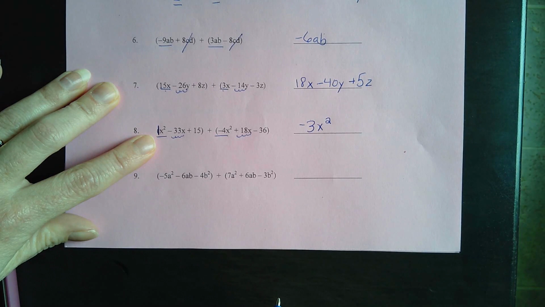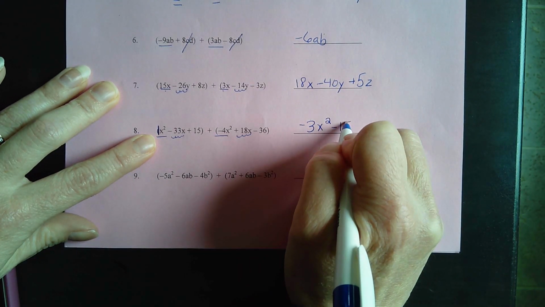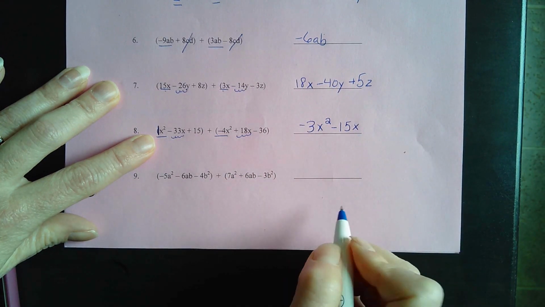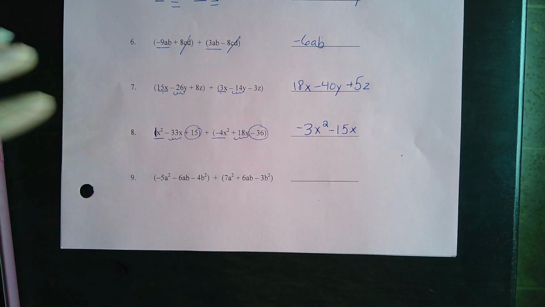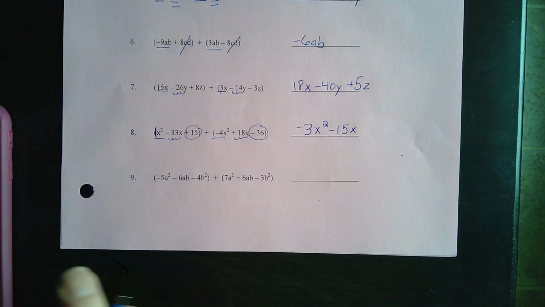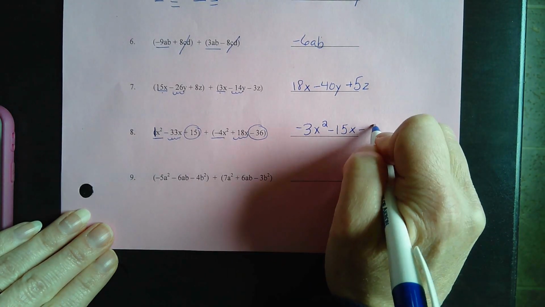Negative 33 plus 18 is a negative 15x. And then lastly, we can combine a 15 plus a negative 36. 15 plus a negative 36 is negative 21.